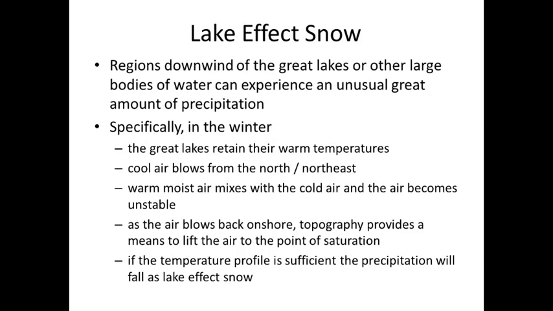Lake effect snow. So lake effect snow, you've probably heard of it before, can be associated with our Great Lakes. And basically, it's also a form of air mass modification.